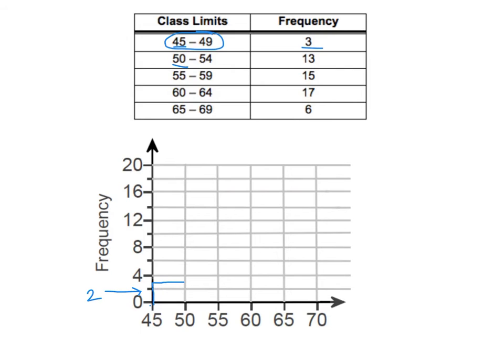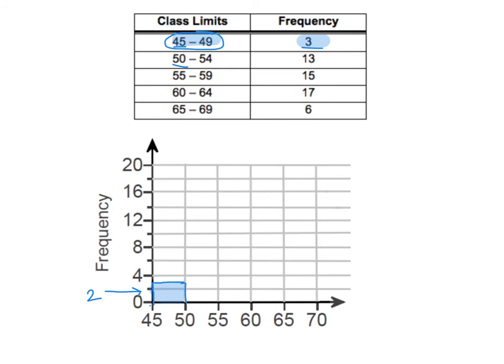And then we'll just draw our bar in the middle of 2 and 4 to represent the 3. And then we're just going to end our bar at the lower limit of the next class, which is 50. And we'll go ahead and shade that in. So that is our first bar representing the frequency of 3 for the class 45 through 49.